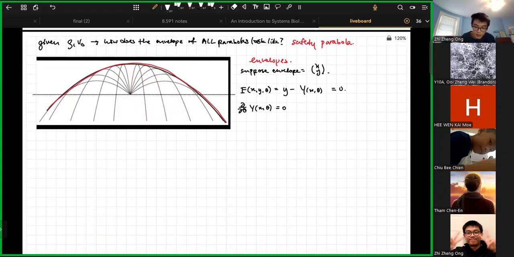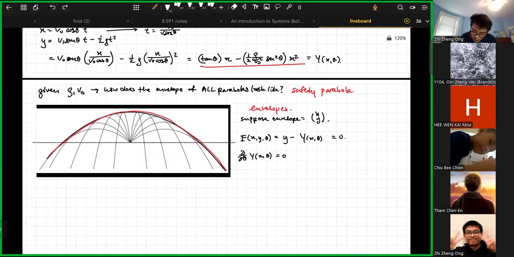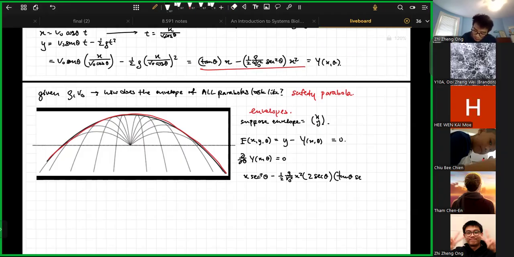So yeah, let's try to do this math and see what you get. When partial y partial theta is zero, x secant squared theta minus secant theta tangent theta equals zero.